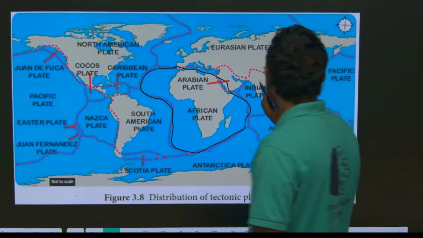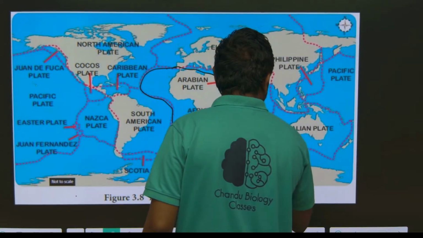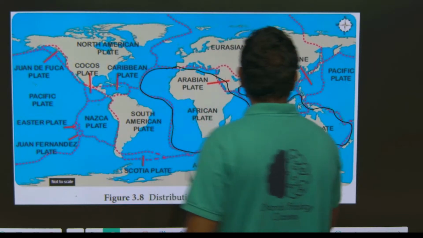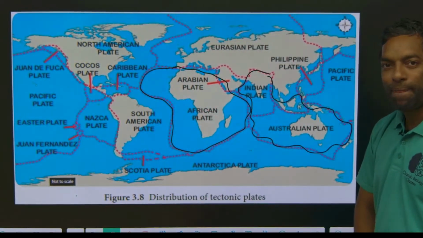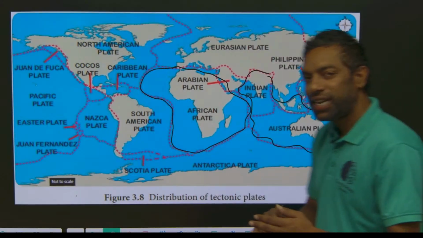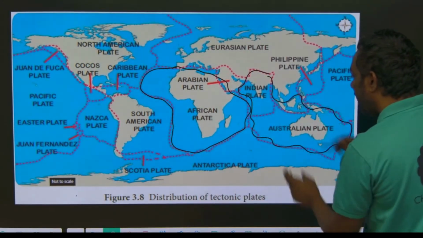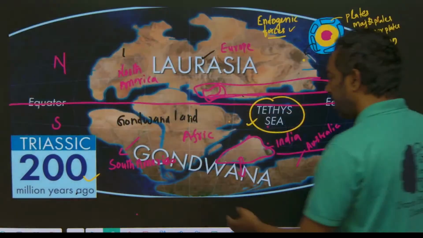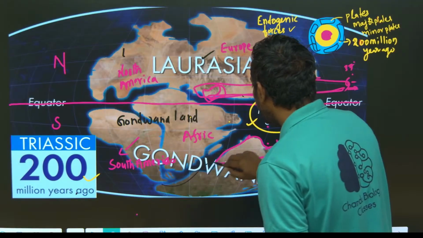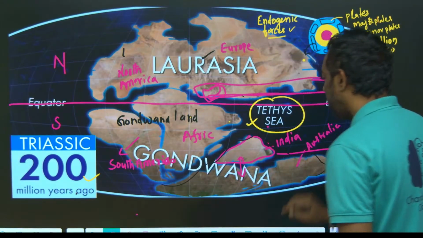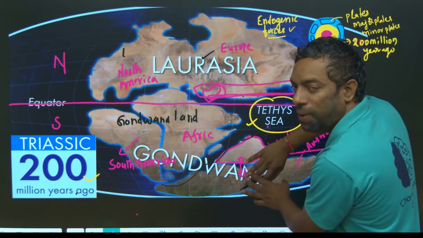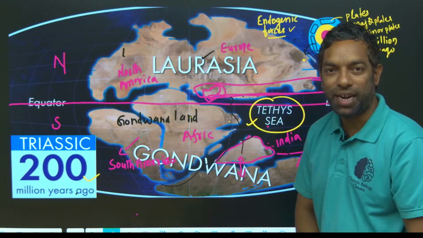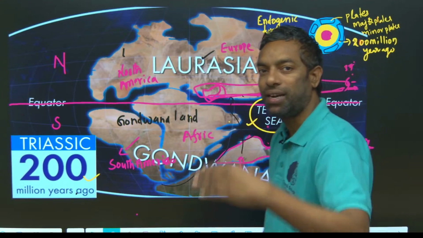And this plate, the Indian plate, the India-Australia plate. India is here, downward. But as the plate was forced, India entered the Europe side, the north side.